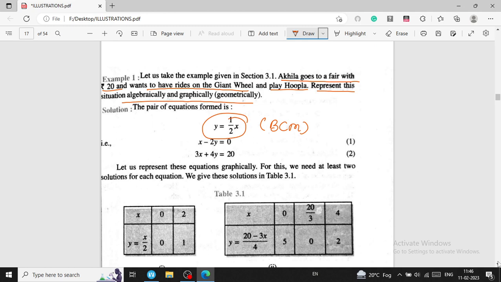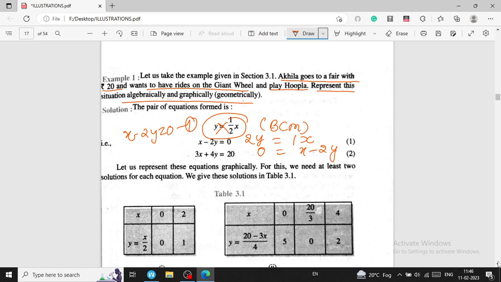The first statement is made from the first given illustration, 3.1, and when we cross multiply we get 2y is equal to 1x. Now take 0 on one side: x minus 2y is equal to 0.